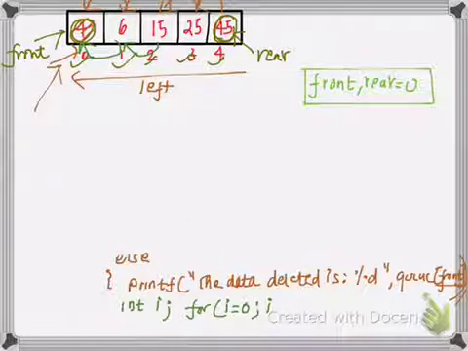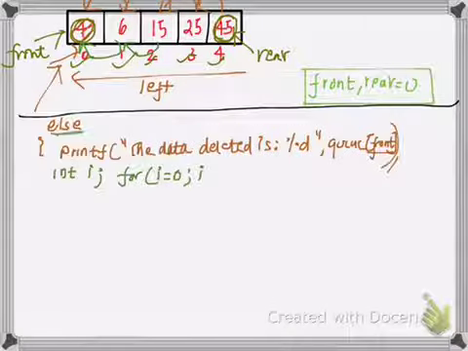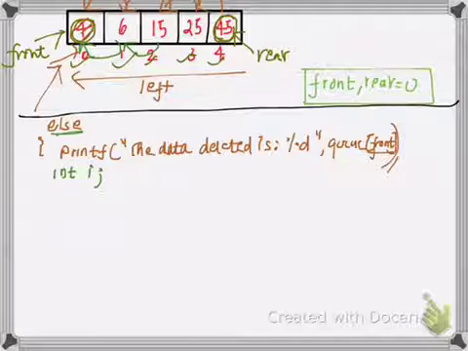I've cleared the if part to get some space over here. So here is our else part. First of all, I've declared the variable int i, and then I'm going to apply a loop here.